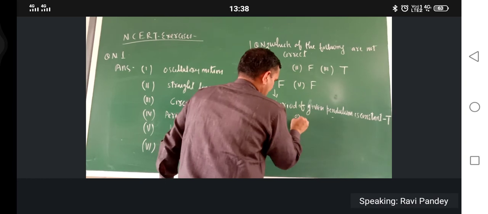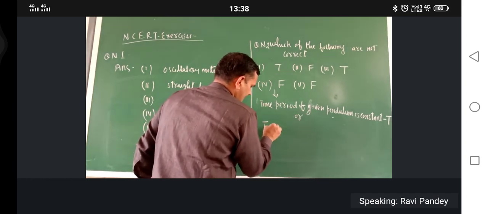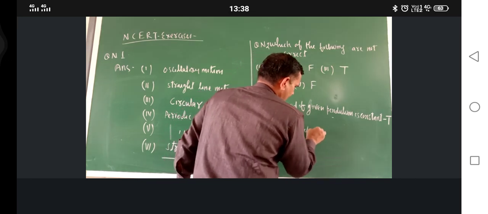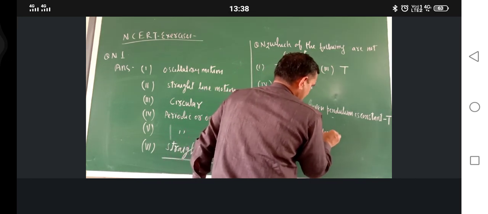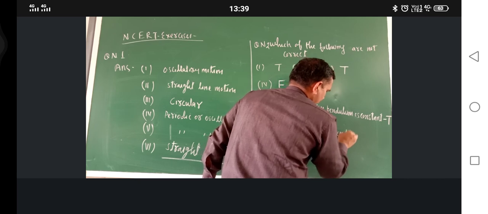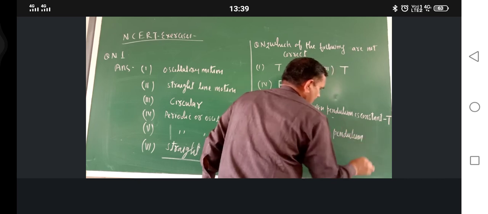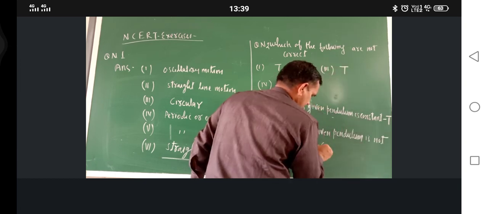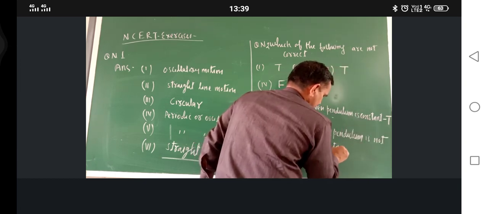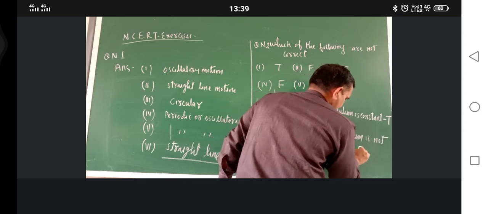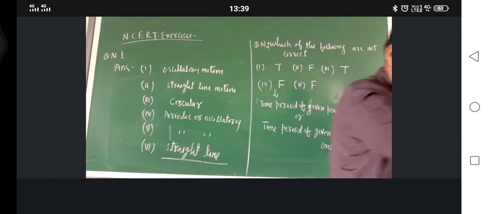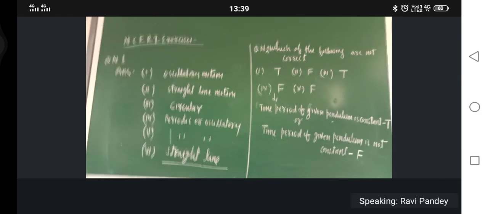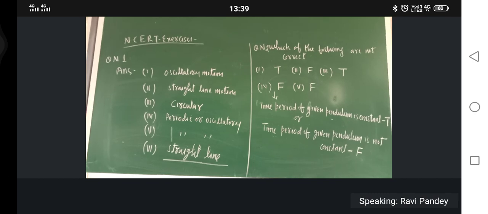But if it is written like that, time period of given pendulum is not constant, so it becomes false. Okay. Now both I have explained. Did you get my point or not?